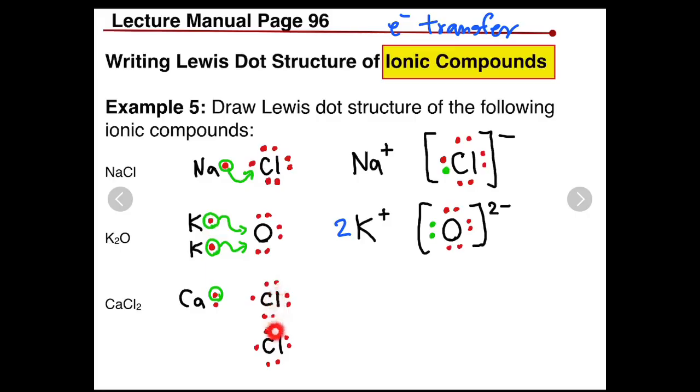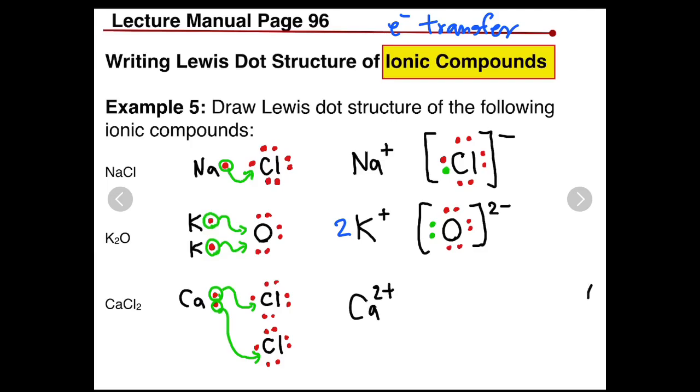To have an octet, which means 8 electrons, it just requires 1 electron from calcium. So each chlorine will accept 1 electron from calcium. Therefore, because calcium lost 2 electrons, calcium becomes calcium 2 plus.